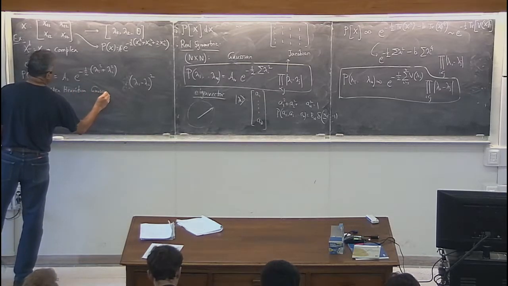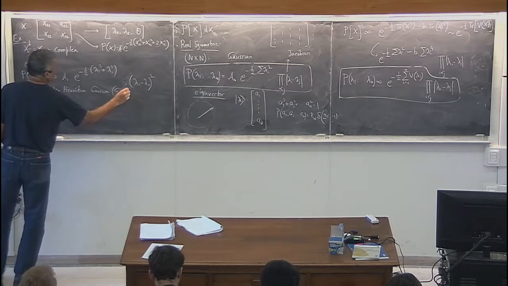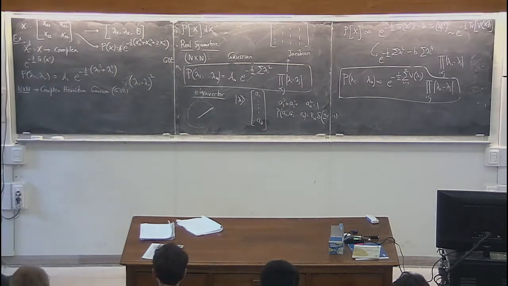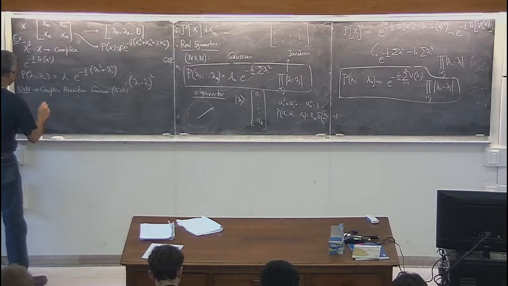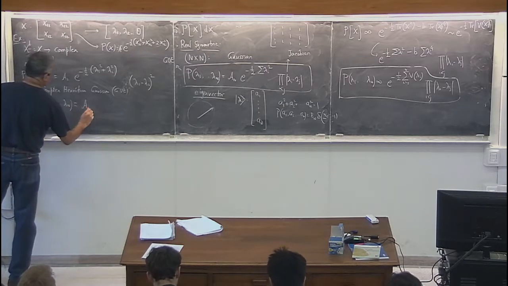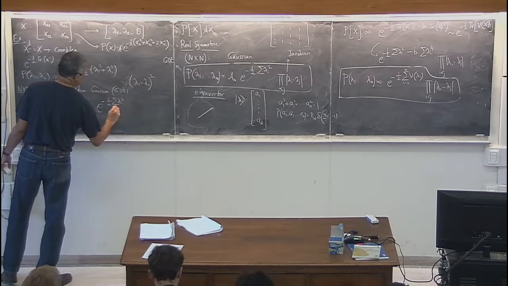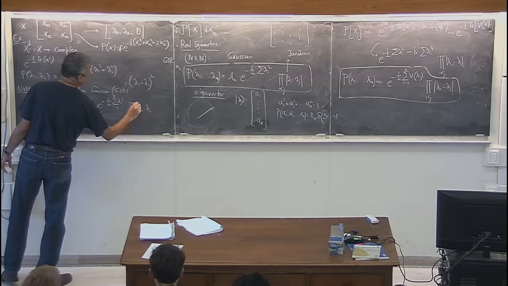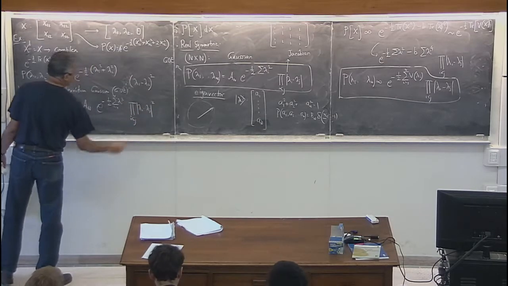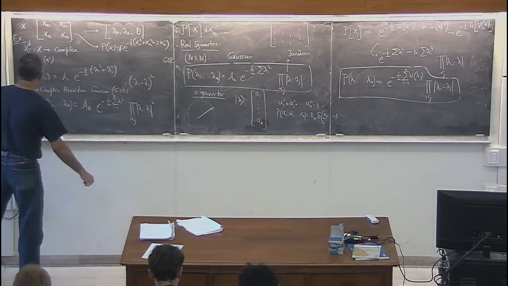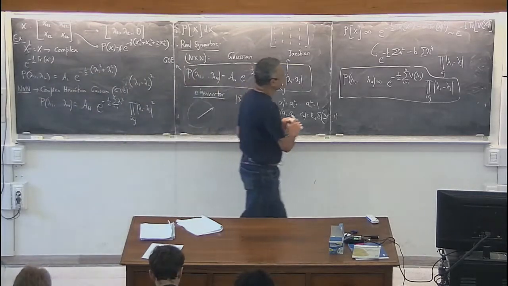And the case of the complex Hermitian matrix, the general n by n case, again up to some normalization constant, will be half summation lambda i squared, and then the product of lambda i minus lambda j mod squared. And then there's a third class. Same thing again: if you take an arbitrary potential V, then it will be exactly the same factor. Only the Jacobian will just become squared.